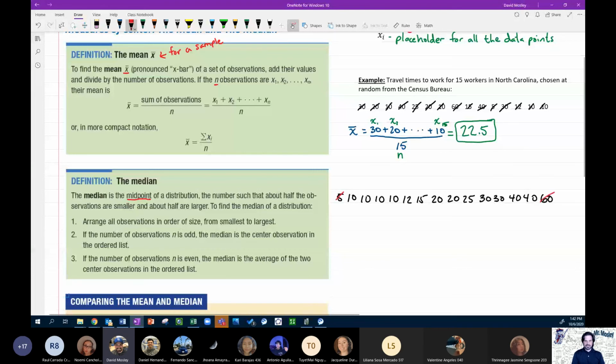One on this side, one on that side, and just go back and forth until you hit the middle. 3, 4, 4, 5, 5, 6, 6, 7, 7. I've crossed out the same amount of things on each side. I'm left with one number in the middle. That is the median.